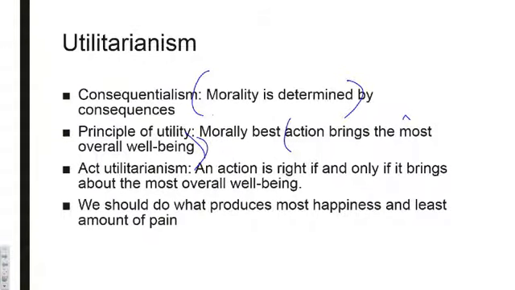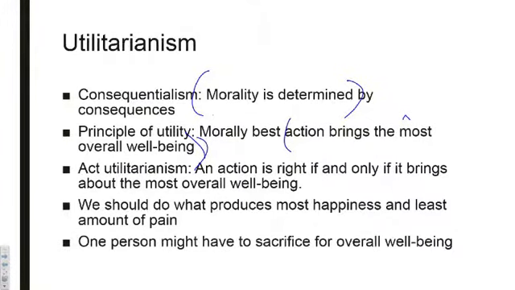Okay? So those 2 people have died. That one person has sacrificed himself. His family will mourn his death, but the happiness that comes from 1,000 people surviving outweighs the pain of the one person dying and the mourning by the family. Does that make sense? So one person might have to sacrifice in order for the most happiness to be produced.